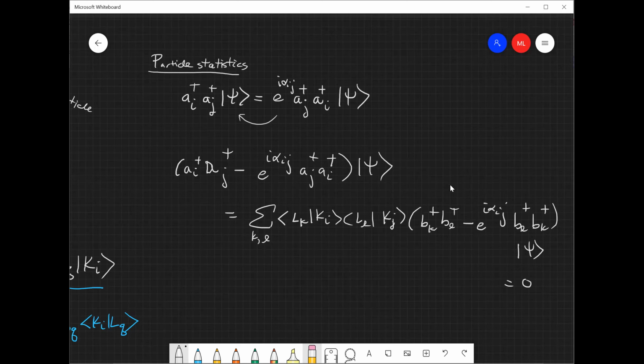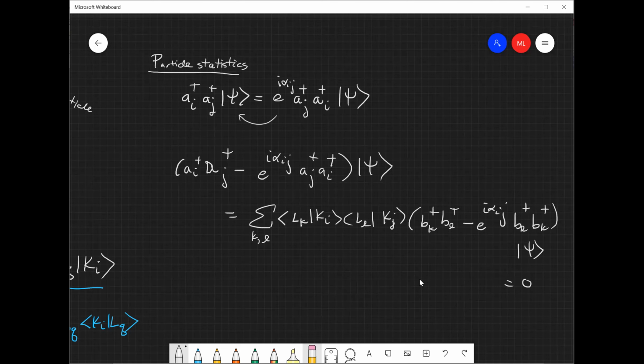The only way that this equation can hold for any arbitrary state psi is if the individual terms in here vanish. Since this is an arbitrary transformation, this term has to vanish for all k and l. And this alpha_ij can't really depend on i and j, because then you could always cook up some transformation that makes this non-zero. So it's really completely constrained.